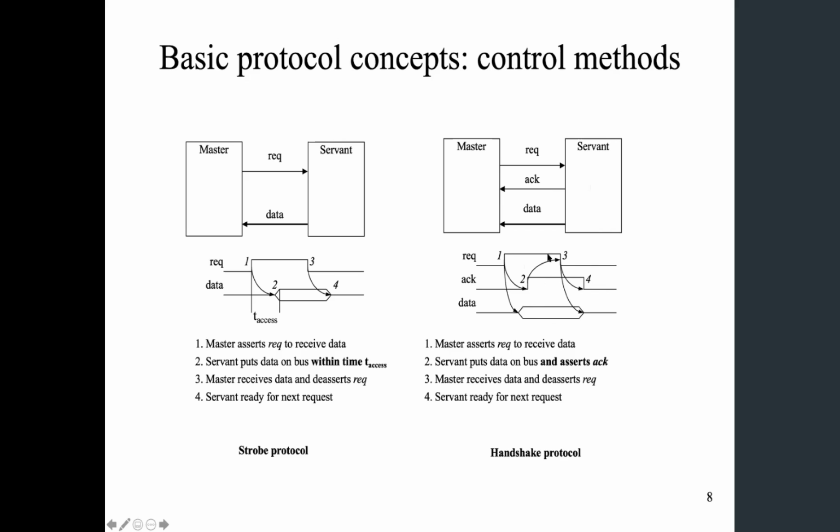The master will look at the ACK. It will not read until it sees the ACK. So during this time frame, between this point and somewhere around this point, is the moment the master will read the data. Because from reading the ACK, which is asserted now, that's a logic high, the master knows that the data on the data bus is valid, so it's safe to read.